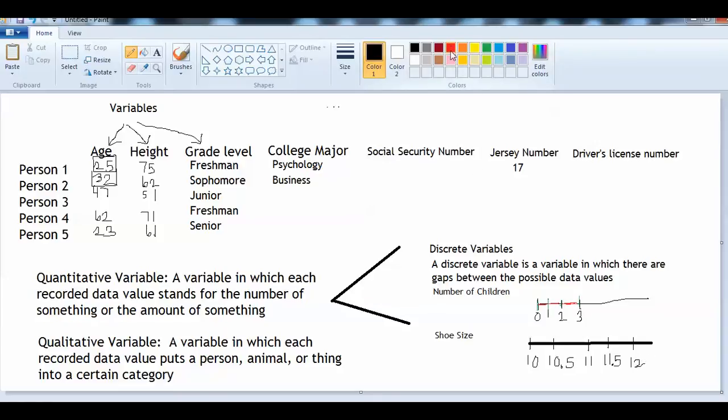So here we have gaps in the number line again. A person will never have a shoe size between 10 and 10.5. A person will never have a shoe size between 10.5 and 11. For example, a person will never have a shoe size, at least that I know of, of 10.7, or a shoe size of 10.3, because they don't make shoes with those sizes.